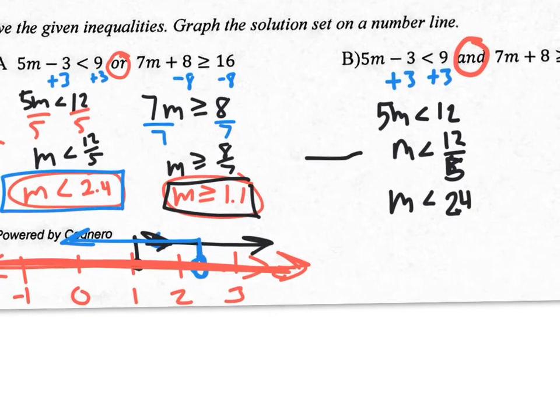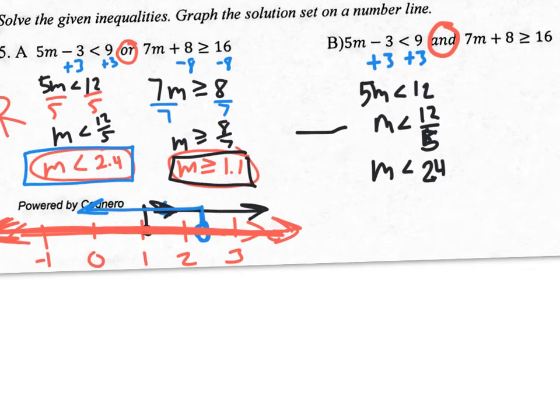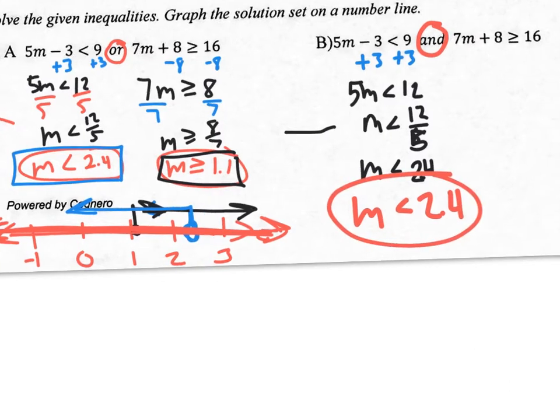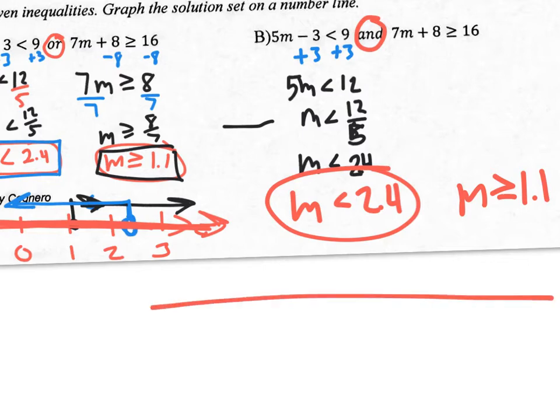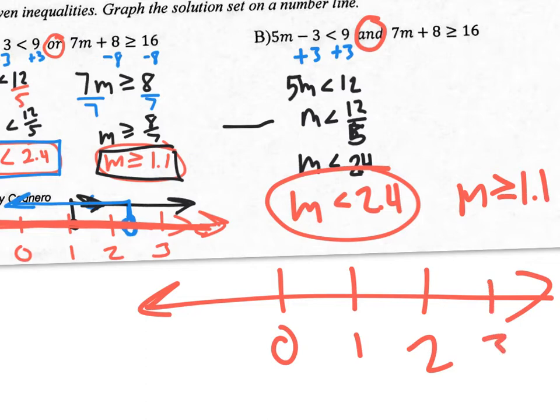Okay, so I already know my answers. The one on the left is going to be m is less than 2.4. And the one on the right is going to be m is greater than or equal to 1.1. And again, if we go to our number line, and we put 0, 1, 2, 3, negative 1, and we go to this one right here in blue, less than 2.4. 2.4 is about halfway.